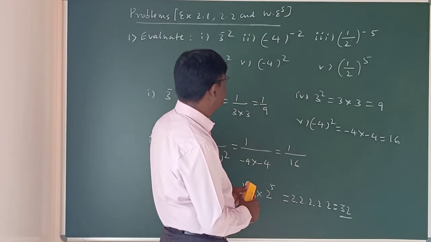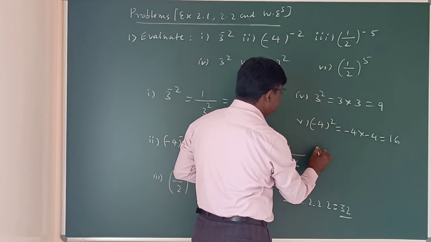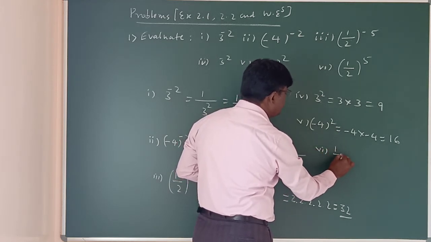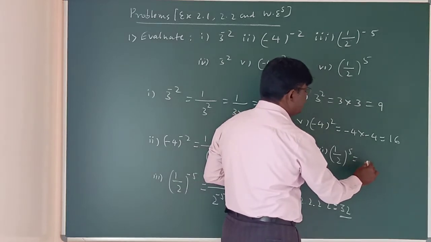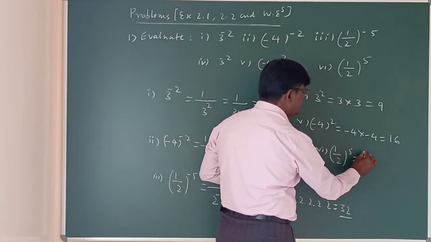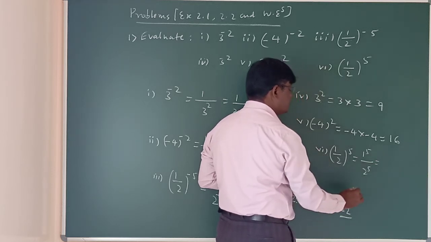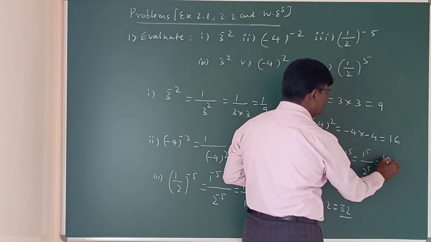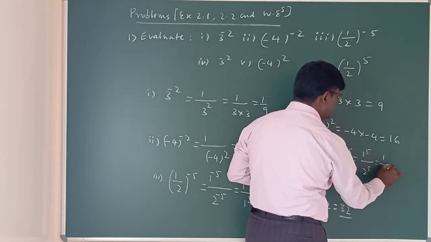Next, take the sixth one. 1 by 2 whole power 5. So it is of a by b whole power m, 1 power 5, 2 power 5. Since positive powers, 1 into 1 into 1 into 1, it makes no difference. The product is 1 itself.